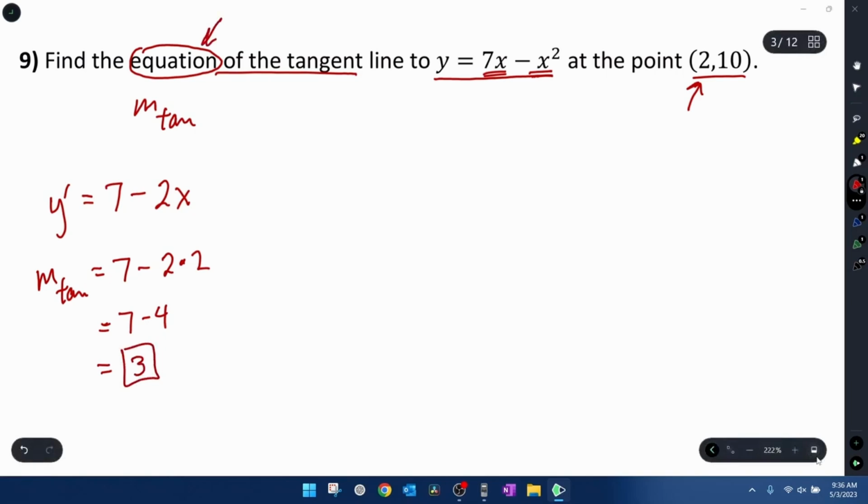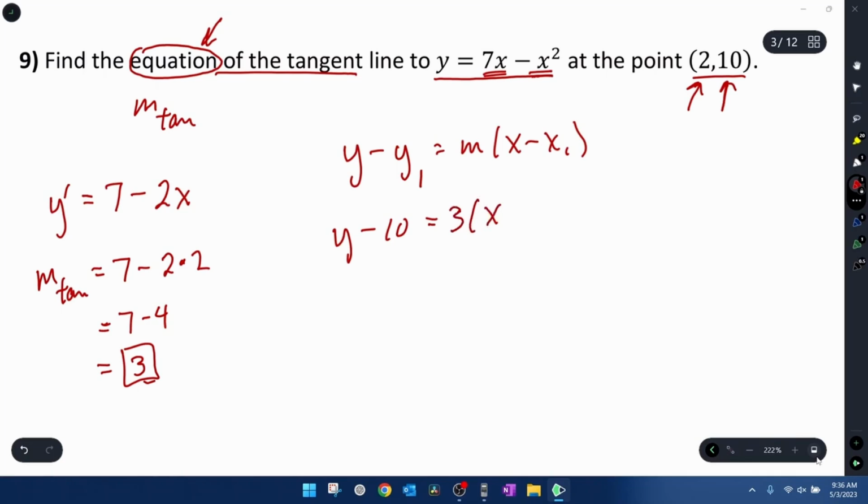And now for the equation part, we're going to use the point slope form. Y minus y1 equals m times x minus x1. Our y1 is 10. Our slope is 3. And our x1 is 2. And we're done. But you probably don't want to leave it in point slope form.